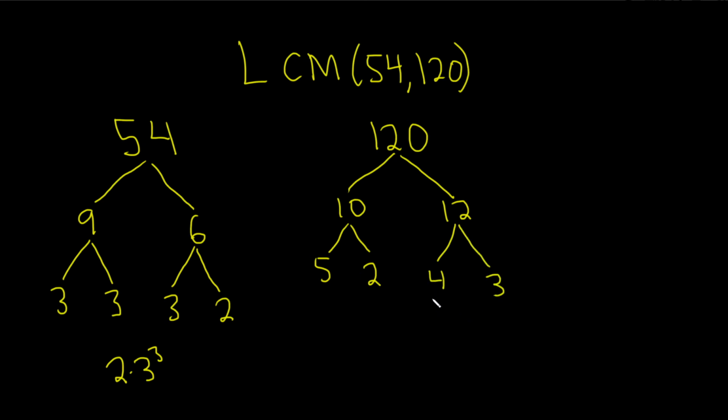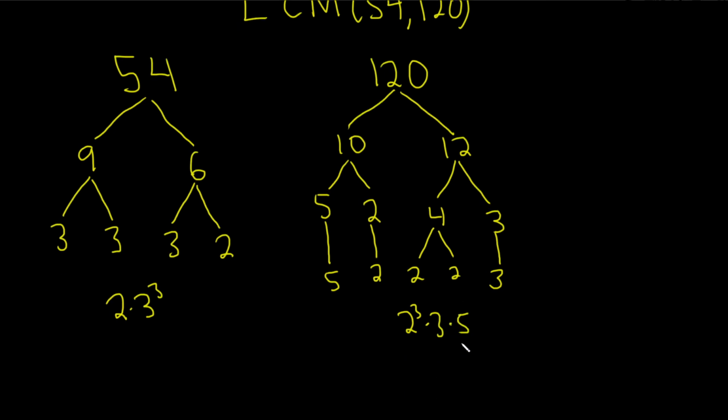We can actually keep going because 4 is 2 times 2. Let's bring these guys down. So this is 3, this is 2, and this is 5. We can write this as 2 cubed, there's 3 2's, times 3 times 5. This will be the prime factorization of 120.